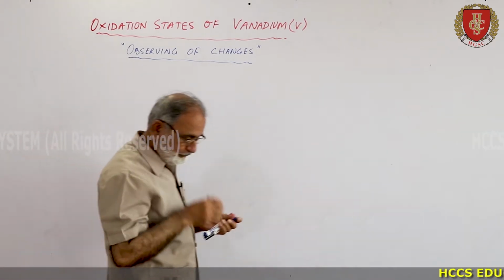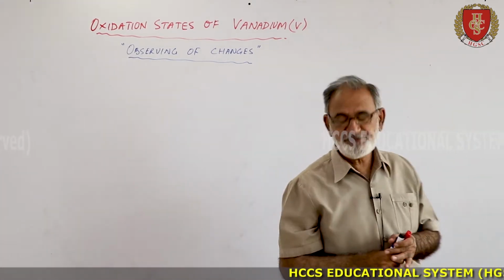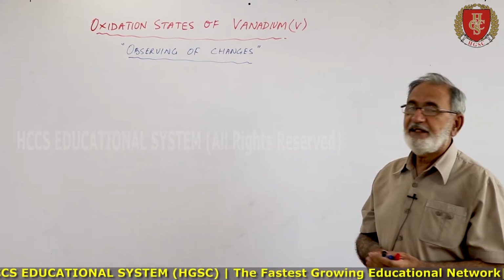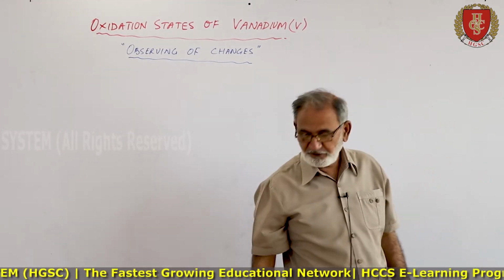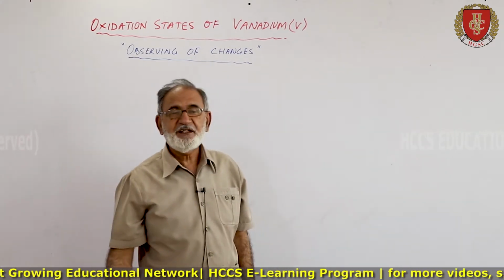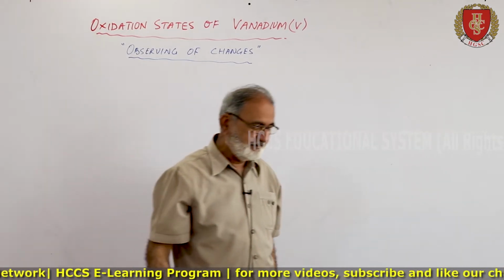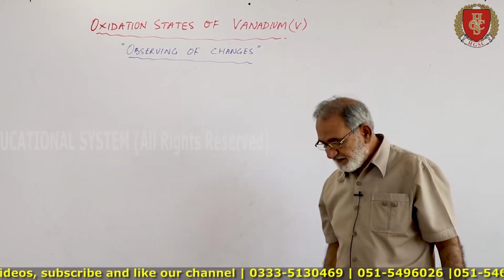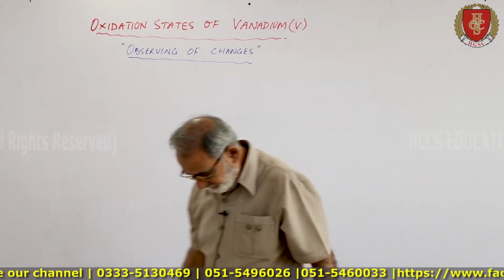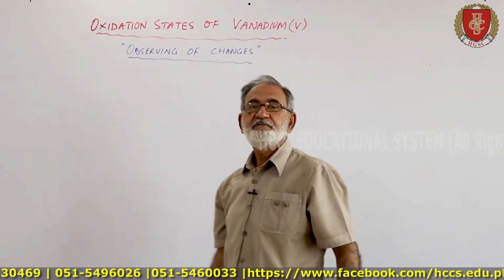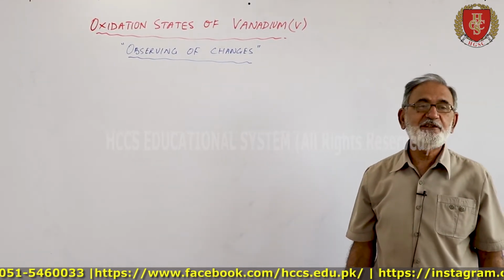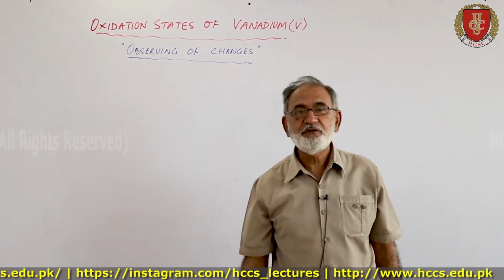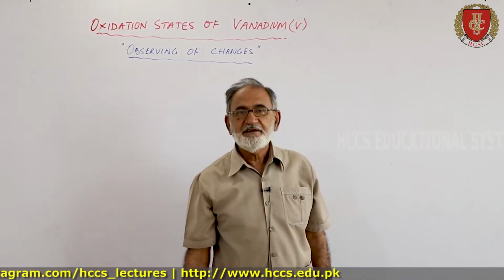Now, as you know, vanadium has a variable valency and different oxidation states: +1, +2, +3, +4 and +5. The higher oxidation states, +4 and +5, are very stable, whereas the lower oxidation states, +2 and +3, are relatively unstable.